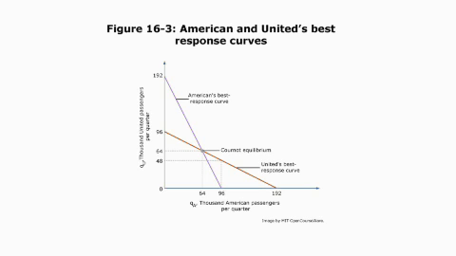Now, another way to look at this is that you're only in equilibrium if you're on both firms' reaction curves. So for example, American might say, look, the equilibrium I like is where I do 96,000 flights and you do none. So the equilibrium I like is on the x-axis, the point 96,0, where I do 96,000 flights and you, United, do none.